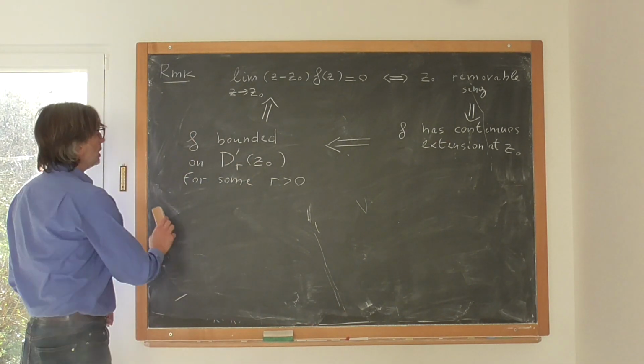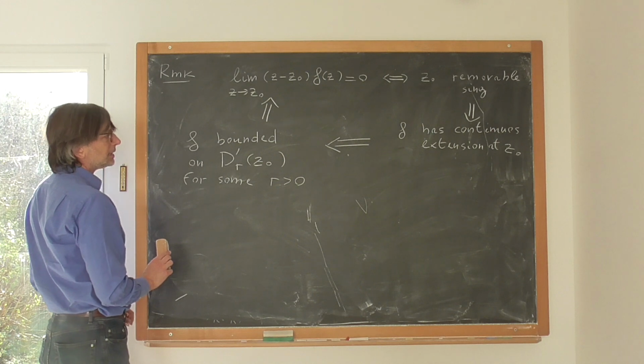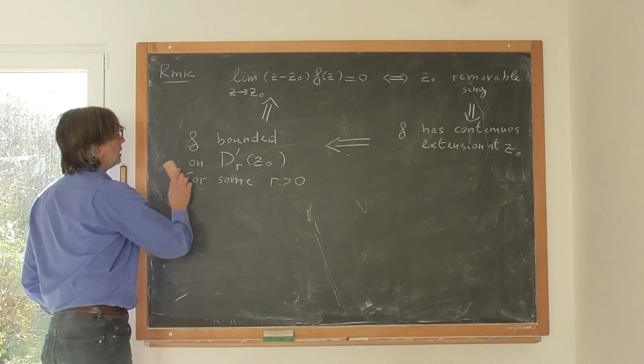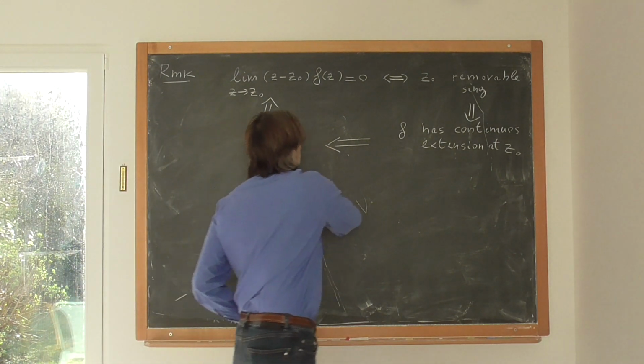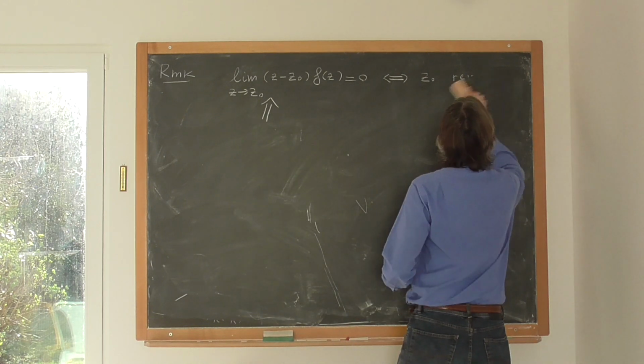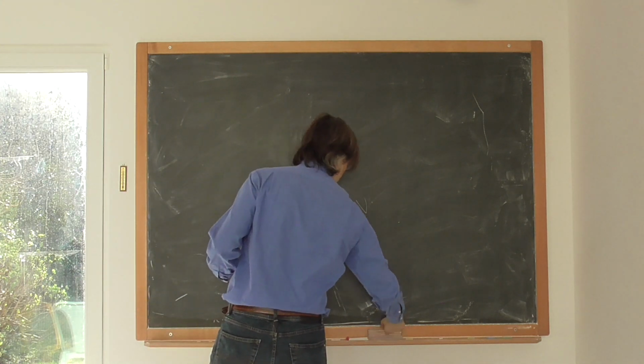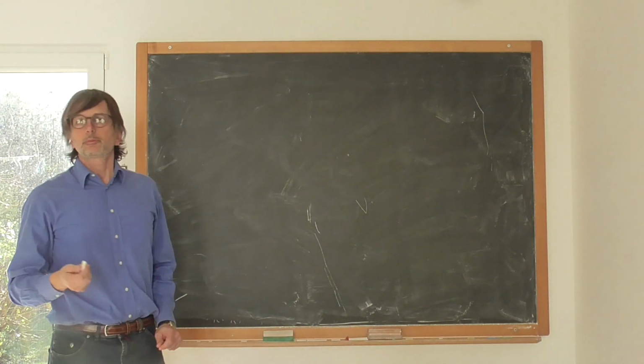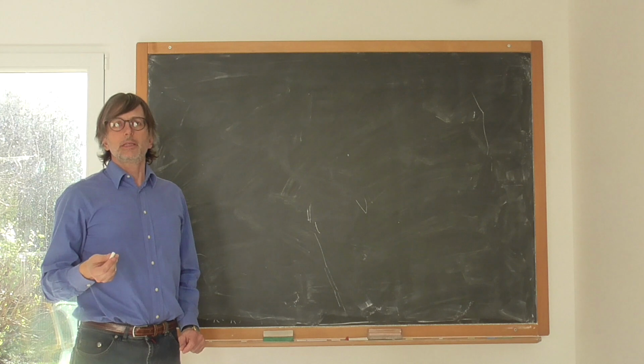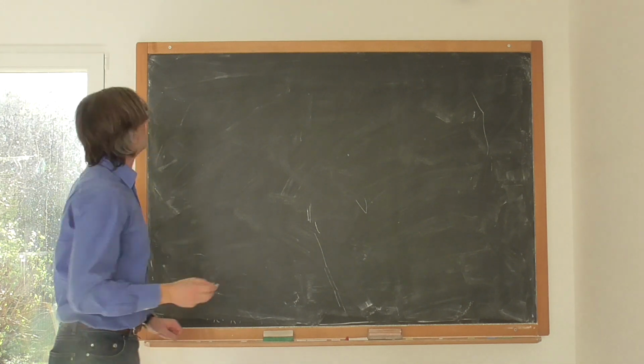Okay, now let's go to the classification of isolated singularities. Isolated singularities can be of 3 different kinds.